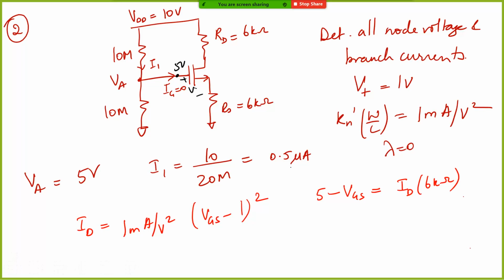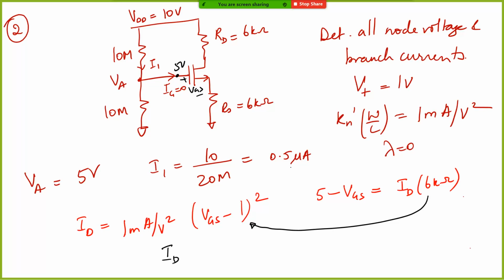So the voltage across the resistor is nothing but 5 volt minus VGS, and that is equal to the IR drop, which is ID times 6 kilo ohm. Now you substitute this in this one. You can substitute for either ID or VGS. Let us say you substitute for VGS and find ID.